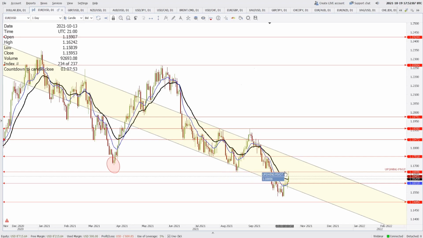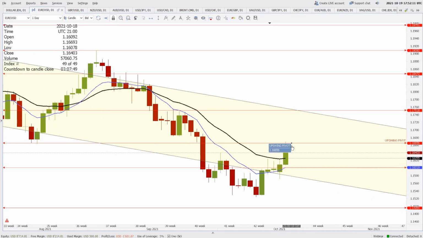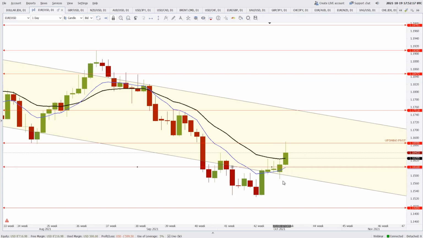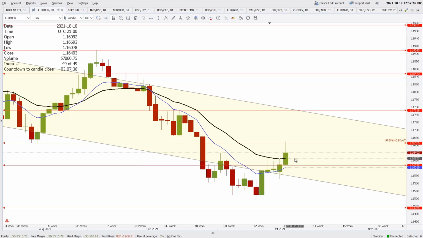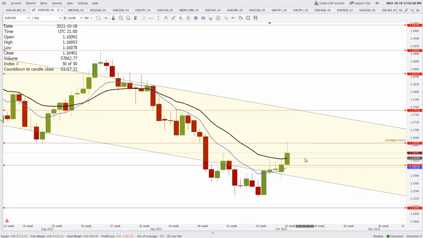Since the price is trading between the levels of 1.1665 and 1.1601, actually it was 1.1613, I will say right now this level 1.1665 is the resistance and 1.1607 is the support for the price.